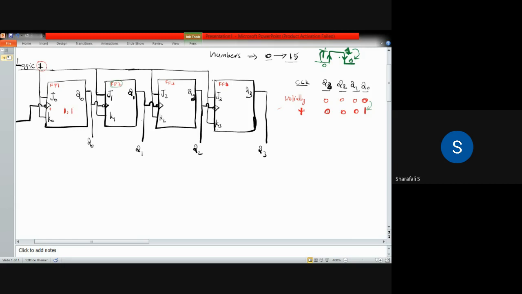Q2 and Q3 also will be retaining the same state. The clock pulse of the second flip flop is Q0, as you can see from this figure. So this transition 0 to 1 will not change the state of the second flip flop because it is in the positive edge.